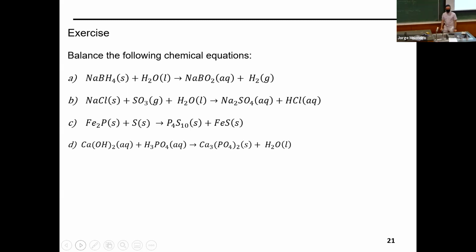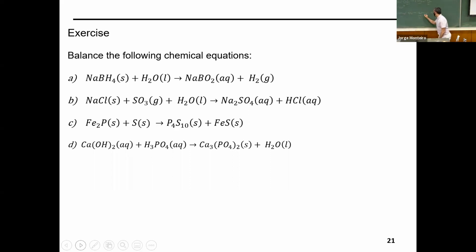Let's check the amount of sulfur before and after. Sulfur after, 1 atom of sulfur. And before, we have already 1 atom of sulfur. So that looks balanced. Now let's take a look at atoms of oxygen.